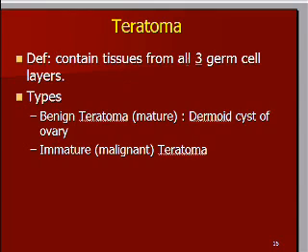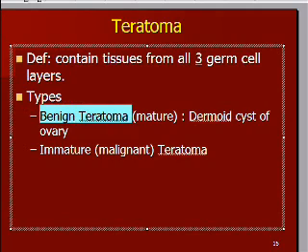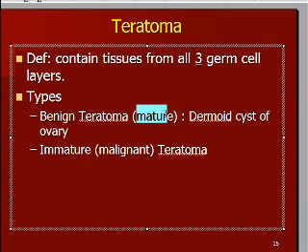Teratoma of the ovary by definition contains three germ cell layers. You all know that. Teratomas of the ovary can be of two basic types. One is a benign teratoma and the other is a malignant teratoma. Benign teratomas are often known as mature teratoma, which is also known as dermoid cyst of the ovary.